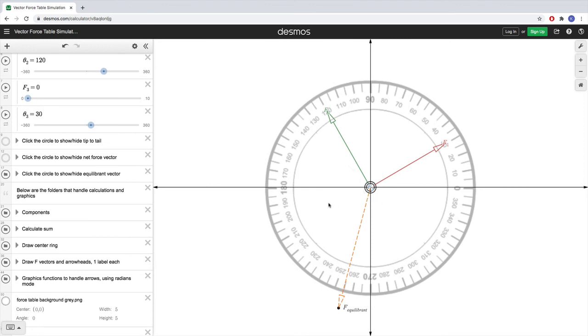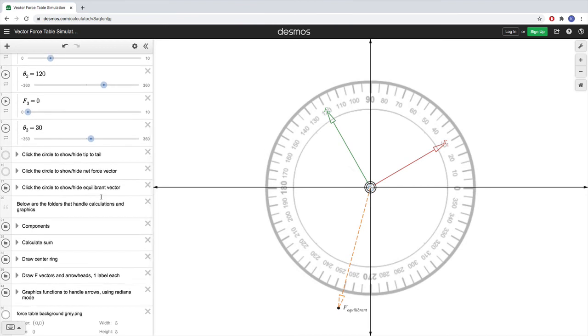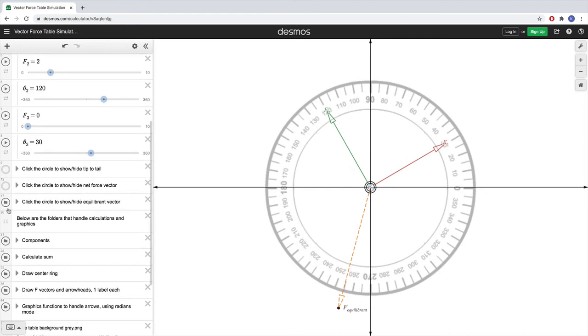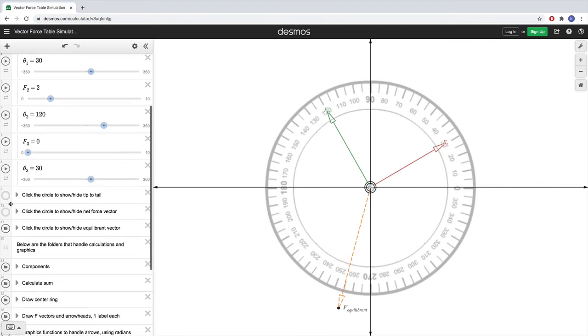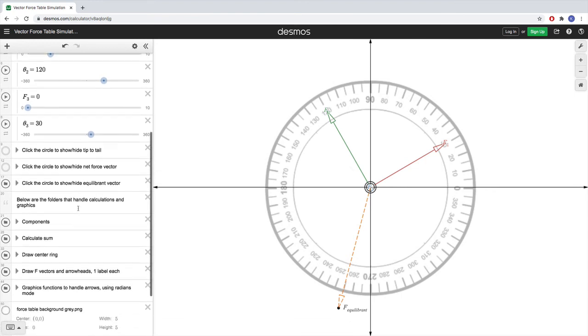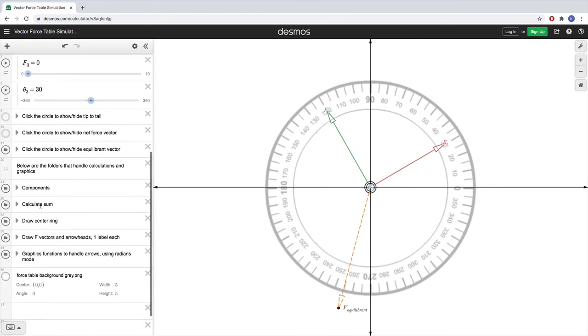So the two vectors are added for you. If you want to show the resultant, it's always pretty easy. It also shows the resultant for you, or you can just calculate the sum.